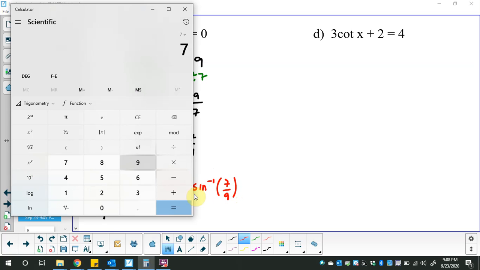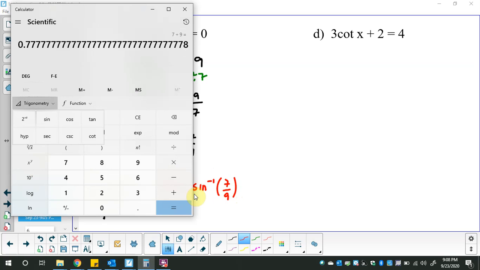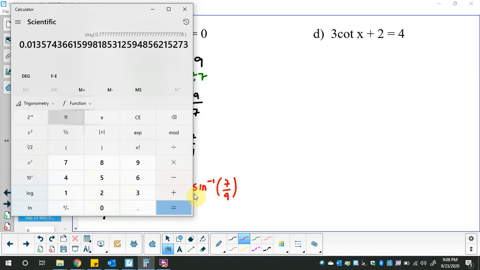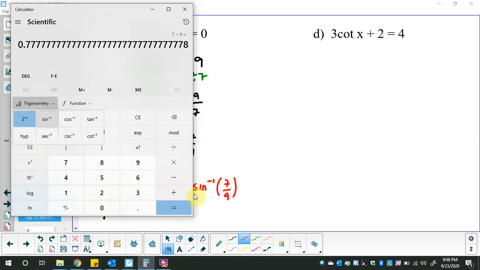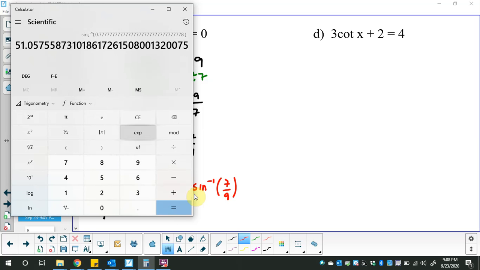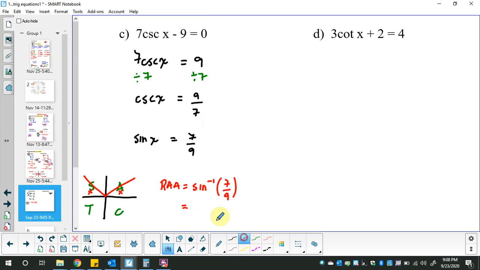7 divided by 9 equals, trig sine. Let's try that again. 7 divided by 9 equals, trig second function sine, and I get 51.1 degrees.